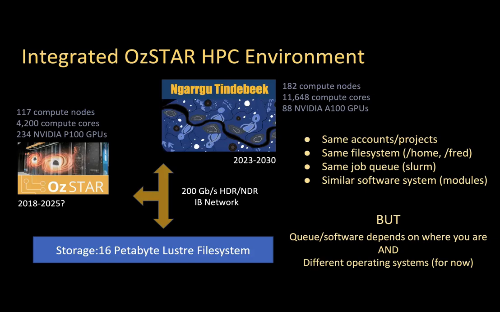Similarly, for Ngagu Tinderbeek, make sure you've SSH'd into it and that you're on either the Tuarana 1 or Tuarana 2 head node. Submit your job to Slurm from those head nodes, and then it will run on one of the new compute nodes. And it's as simple as that.